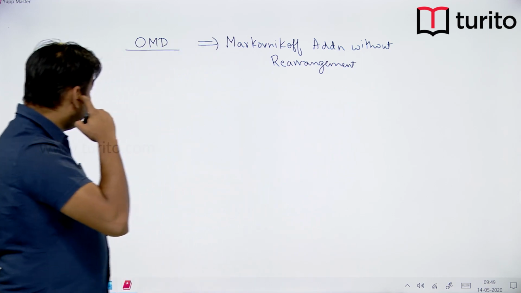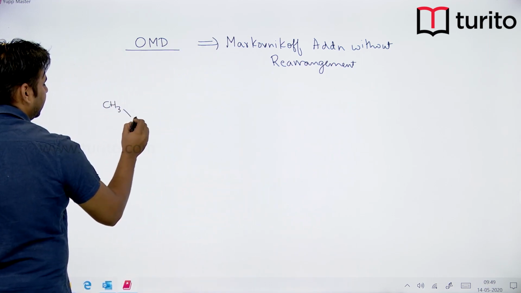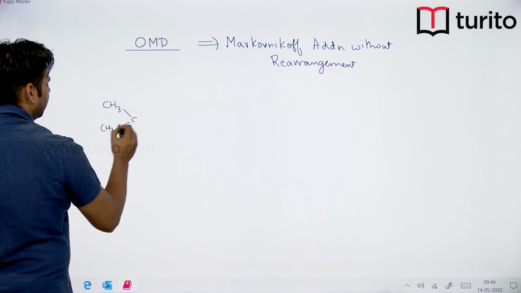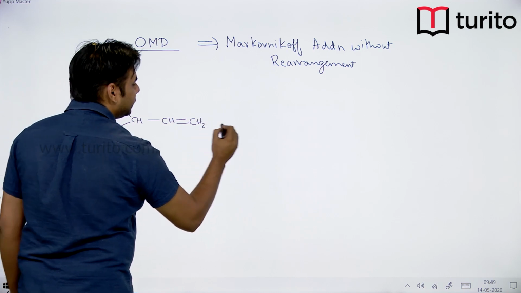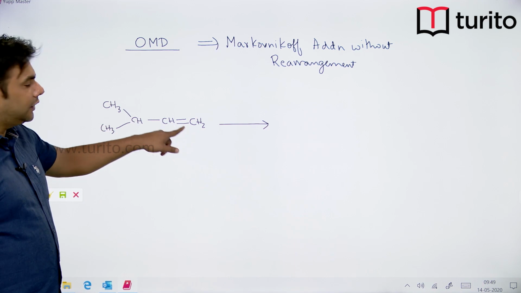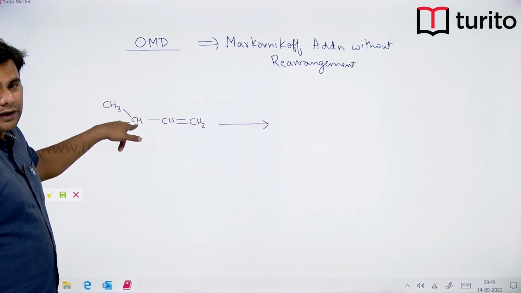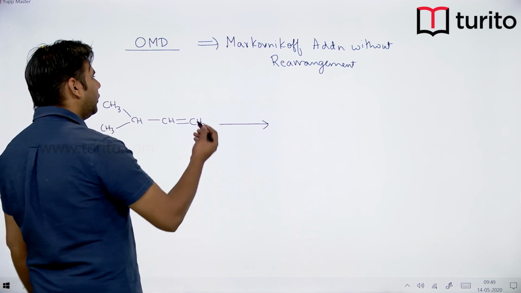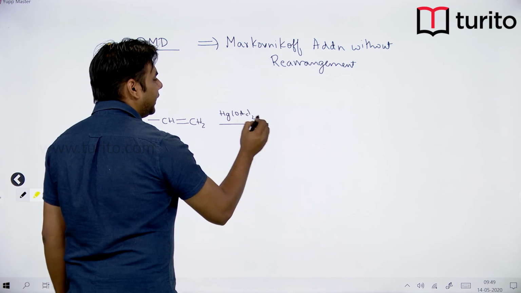If you take any alkene, suppose we are taking this as the alkene, and you add dilute H2SO4 and water, first H will get attached over here and form a carbocation, there would be a hydride shift and the carbocation would be formed over here, then water will attack. But if you are doing oxymercuration-demercuration, the first step is adding mercuric acetate.